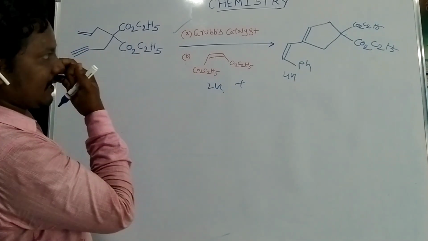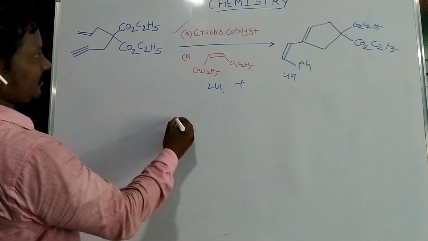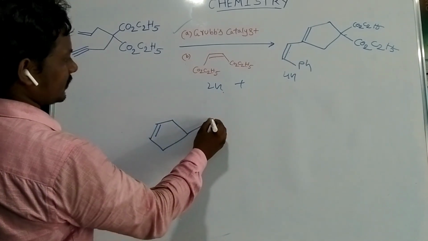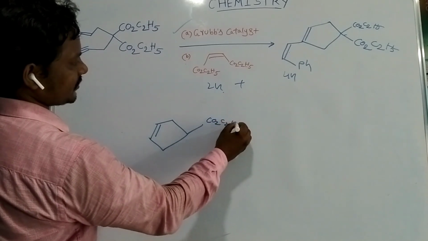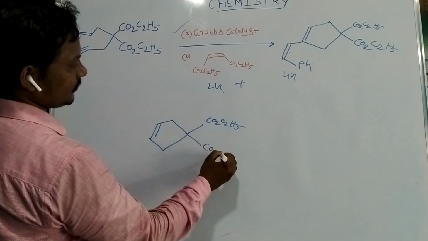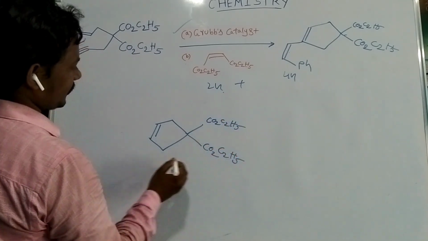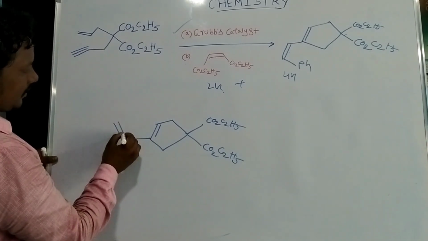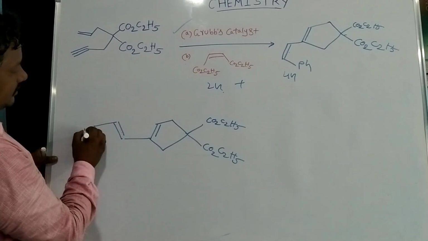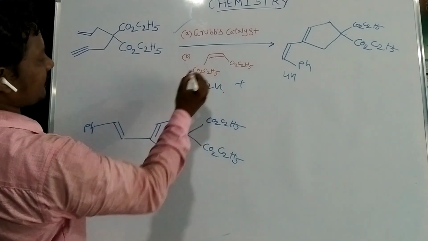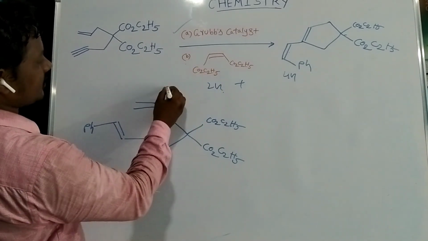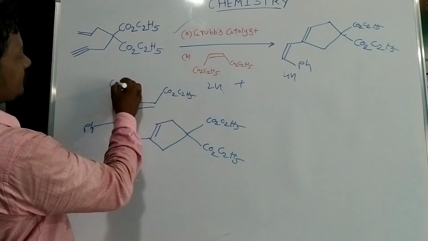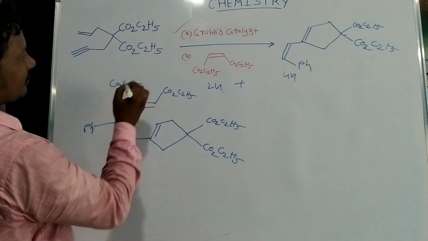Okay. Now I am writing here. This one is CO2C2H5, CO2C2H5, here like a double bond, right, Ph. Then treating with a dienophile, a cis dienophile, CO2C2H5, CO2C2H5.